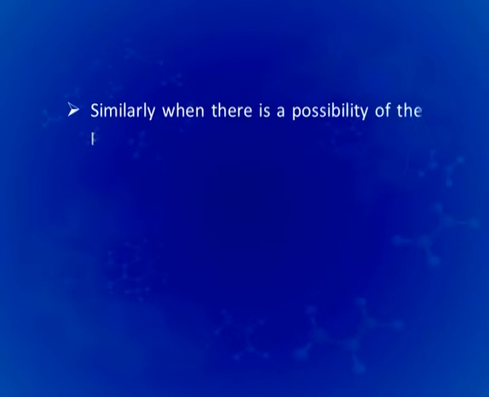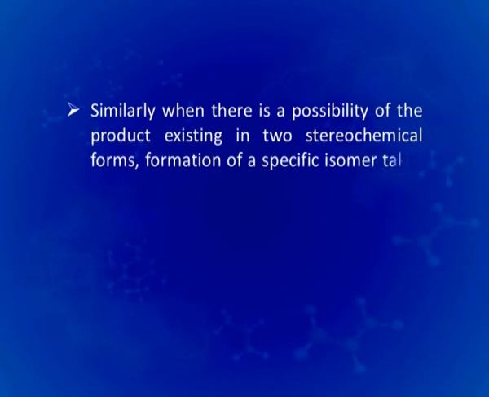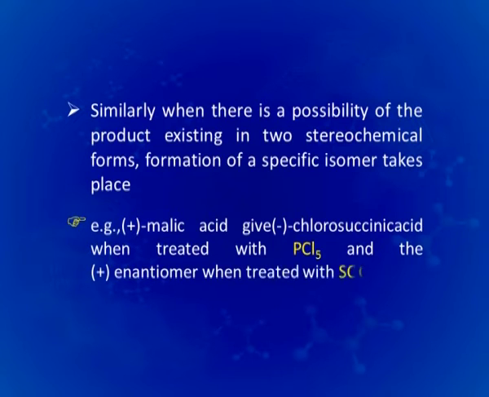Whereas in case of SN2, we get inversion of configuration. Similarly, when there is possibility of the product existing in two stereochemical forms, formation of a specific isomer takes place. We take an example of formation of chlorosuccinic acid from malic acid. Chlorosuccinic acid exists in two isomeric forms, plus and minus enantiomers, and the minus enantiomer is obtained when malic acid is treated with PCl5, and the plus isomer is obtained when it is heated with SOCl2.